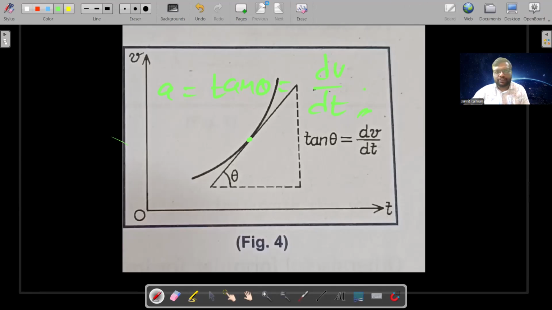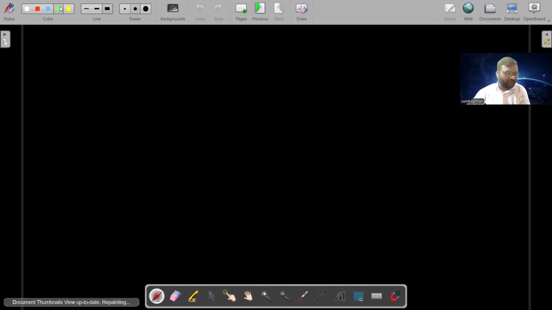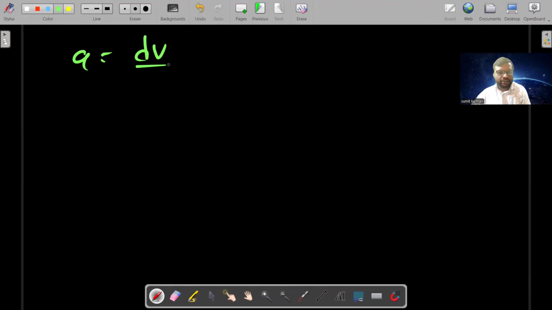Now friends, next, the last one. In terms of differential coefficient, the acceleration is also given by a is equal to dv upon dt. Here multiply and divide by ds.